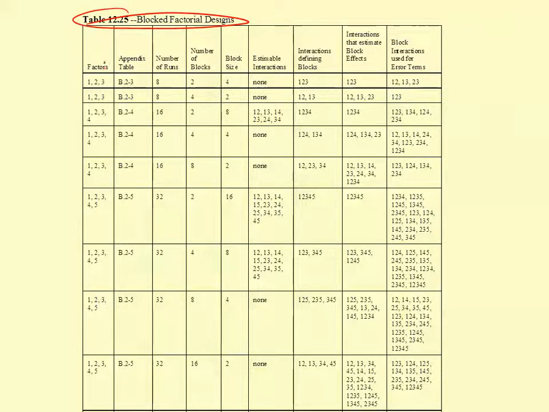So we have to figure out how many factors do we have. And so we have 3 factors here, 4 there, and then 5 there. How many runs do we want to do? Okay, that's pretty self-explanatory. How many blocks do we need? And remember, the blocks are powers of 2. Block size just follows from the number of blocks and number of experiments.